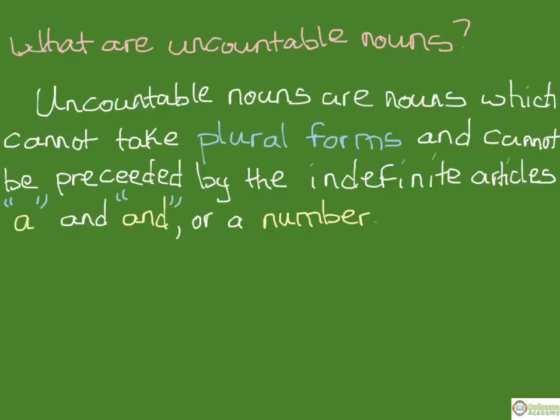A number here we can talk of 1, 2, 3. So uncountable nouns are nouns which cannot take plural forms and cannot be preceded by the indefinite articles a, an, or a number.